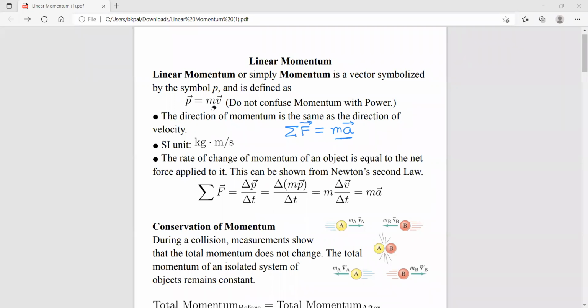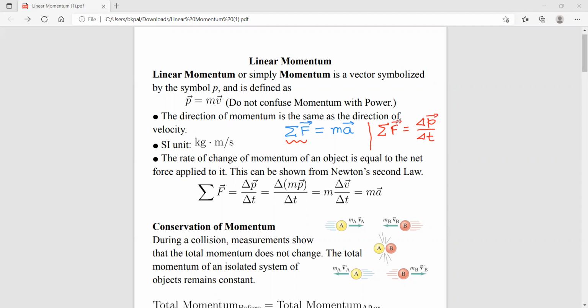Now this force is somehow related to the momentum. So how are they related? The force is related to the momentum by this equation, delta p over delta t. This is the rate of change of momentum.